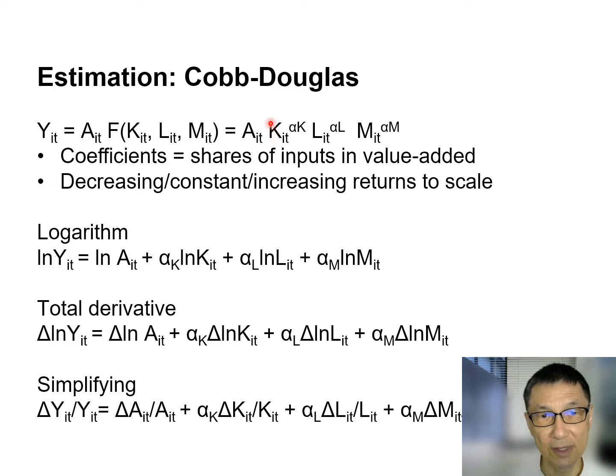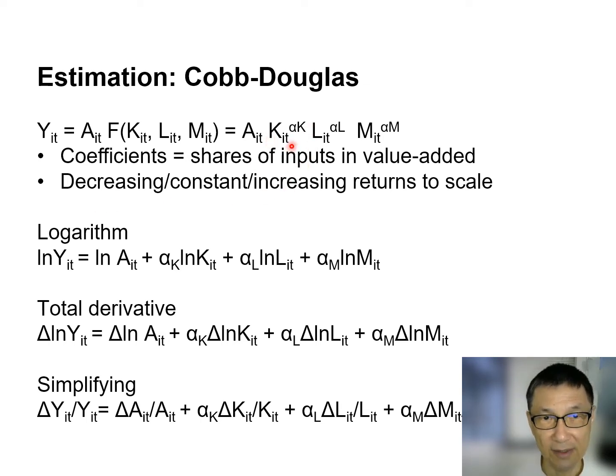These are the inputs: services of capital, services of labor, and the intermediate inputs. And they're the inputs that go into the production of the output, Y subscript it. This will become clearer when I take logarithms of this production function.